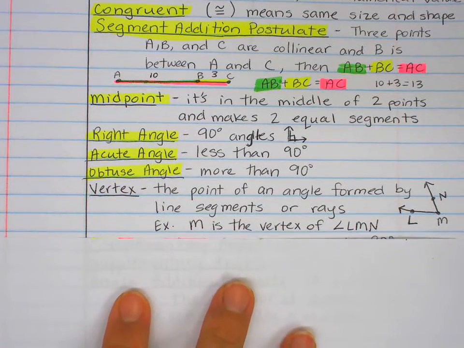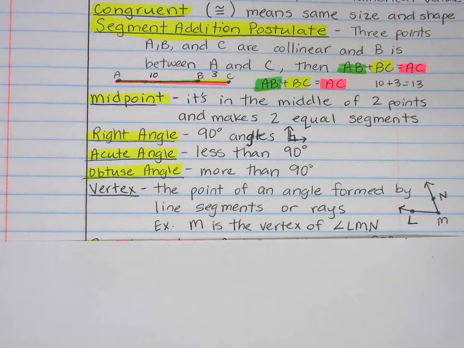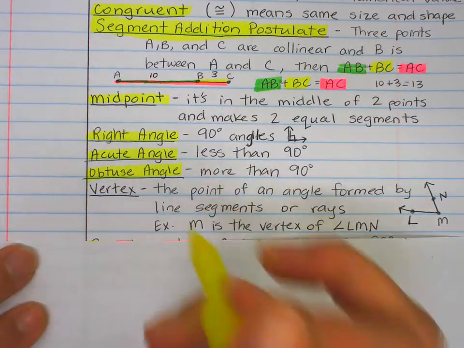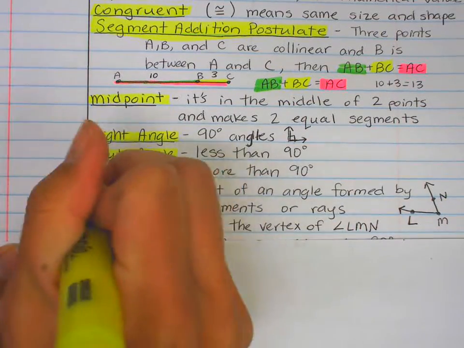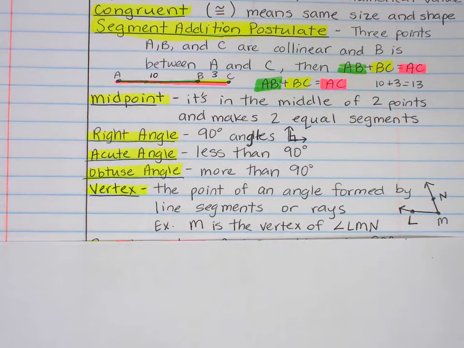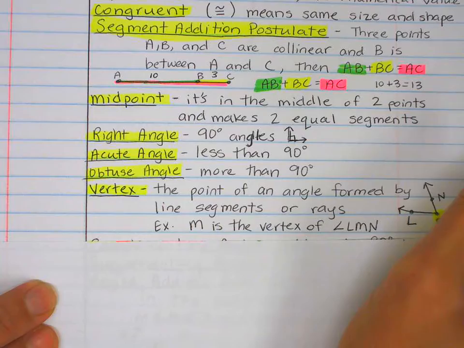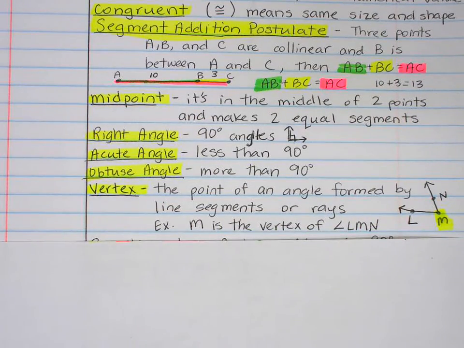All right, the vertex. You may have heard of this before, but I want you to know specifically what a vertex is. It is the point formed by line segments or rays. So in an angle, you have a vertex. The vertex is this point, and it's usually named with a letter. So all the points are named with capital letters.